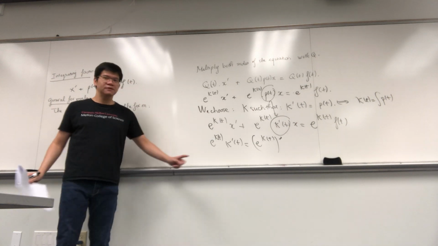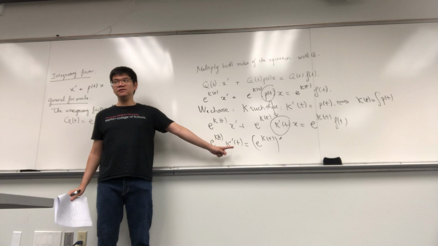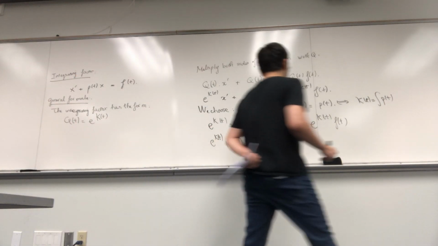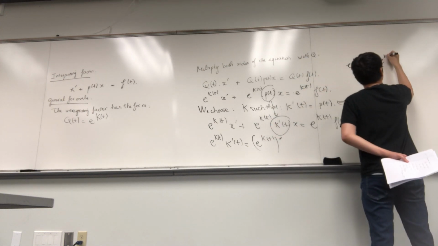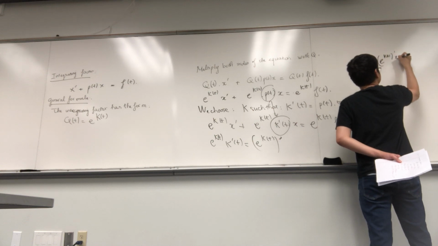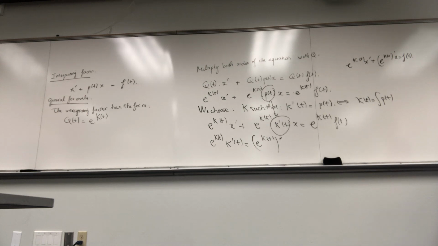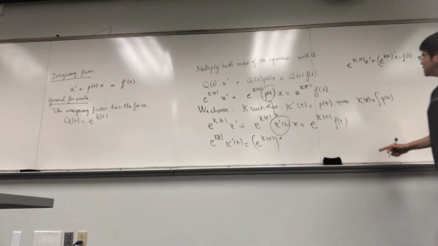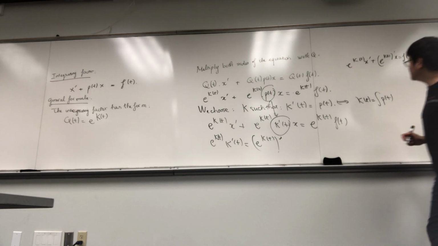So you can write it in this form: e to the k(t) x prime plus the derivative of e to the k(t) times x, and this is equal to f(t) times e to the k(t).